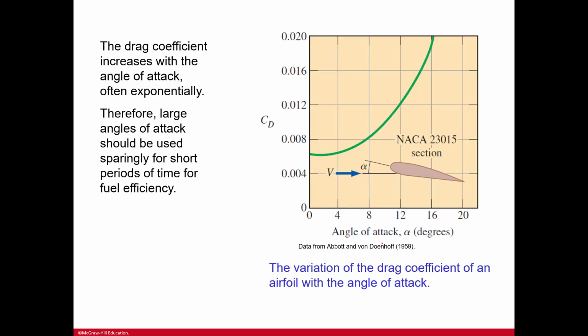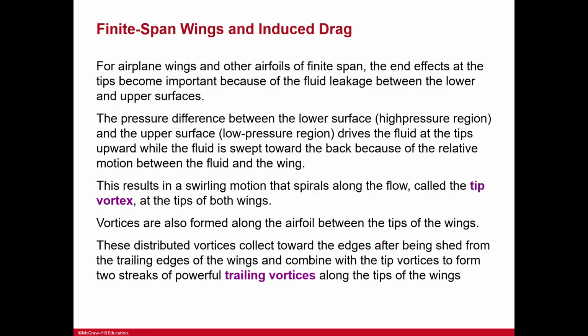And here the drag coefficient increases with the angle of attack, often exponentially. We just kind of talked about that. Therefore, large angles of attack should be used sparingly for short periods of time for fuel efficiency when you're really wanting to capitalize and extrapolate any efficiency that you can get.